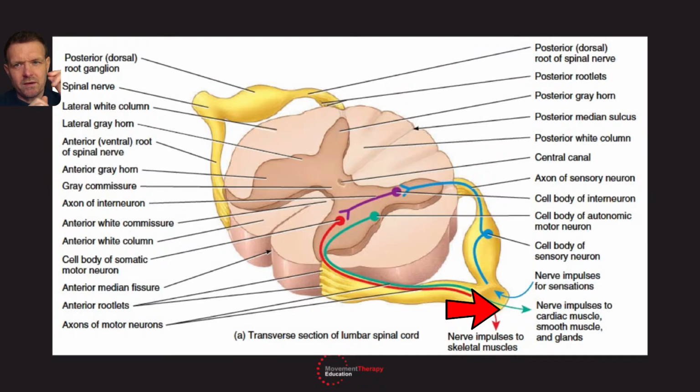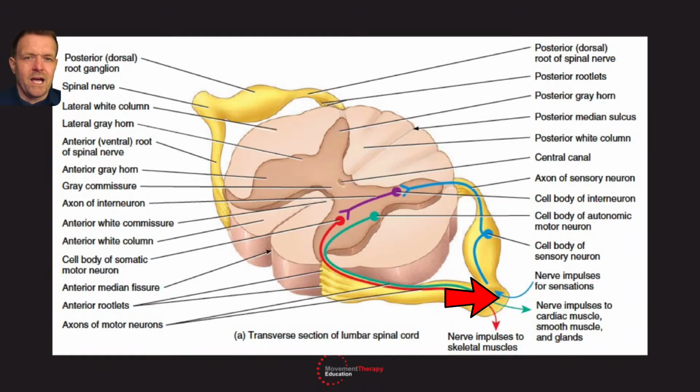You have a motor pathway, which is the information coming from the brain down the spinal cord, out and then towards the body. So it could be muscles, it could be a gland, it could be an organ, depending on what it innervates. And if you've not heard that term before, innervation just basically means switches on. So it switches on a muscle or it switches on a gland or whatever it is.